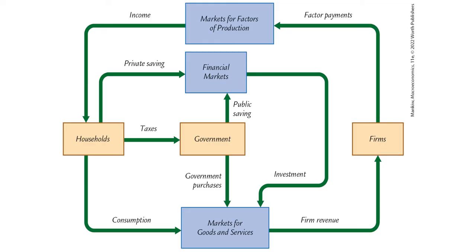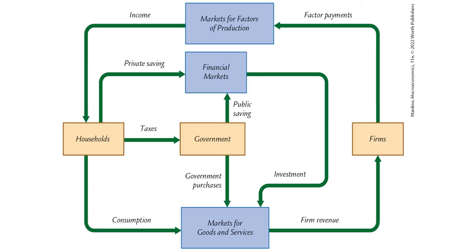We can also see that households, the government, and firms interact in both financial markets and the markets for final goods and services. So the first part of this chapter is going to be about describing the supply side of the economy, in other words, the production side. It's going to talk about the behavior of the firms, and it's also going to talk about the interaction of firms and households in the market for the factors of production.